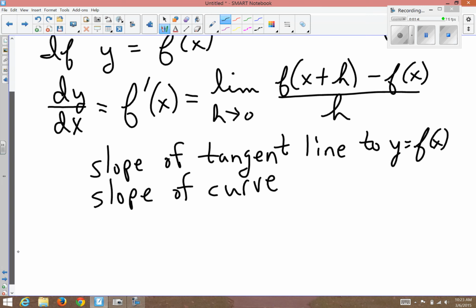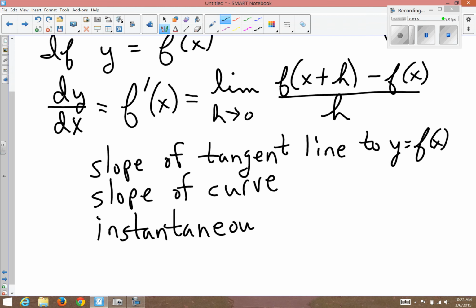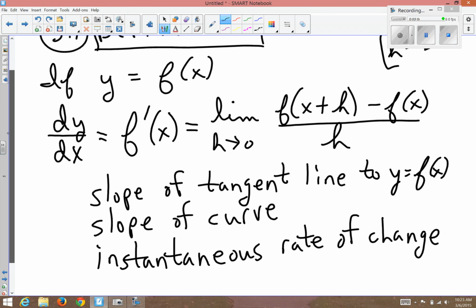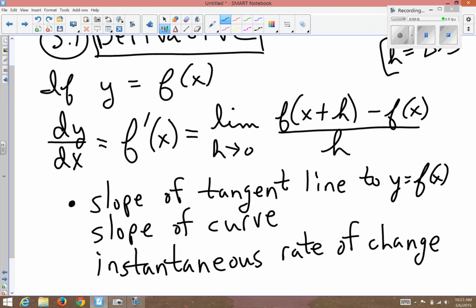And it's also called the instantaneous rate of change. Or to be specific, it's the instantaneous rate of change of y with respect to x. So derivative, slope of tangent line, slope of curve, instantaneous rate of change, all exactly the same thing.